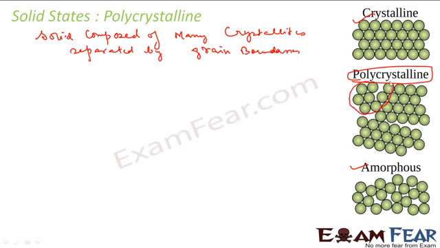See, this is one pattern here, there is one pattern here, and one pattern here. So there are different boundaries here. Therefore, there are many crystallites like that, but they are separated by boundaries.